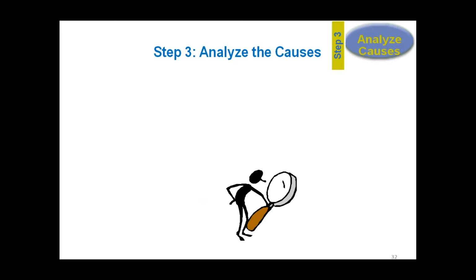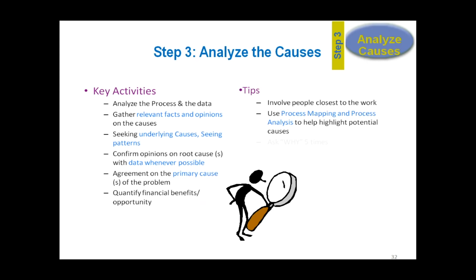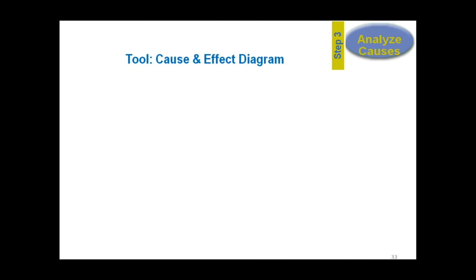Now we have the data, we have the problem statement, we have put it meaningfully in terms of trend chart and the Pareto, and now we need to analyze and go to the root causes of the issue. Those are the various activities that are done during this phase, where we try to go deep into the process, and we'll look at some of the tools that we use here.